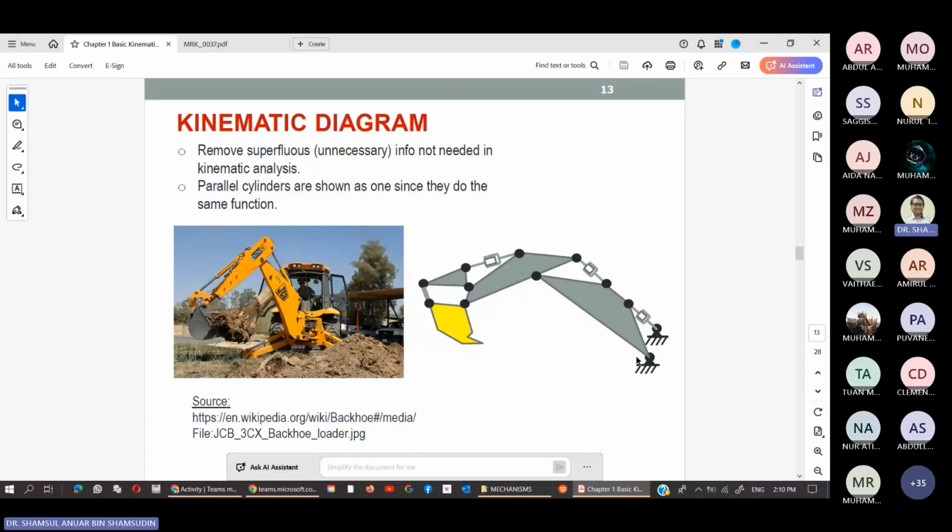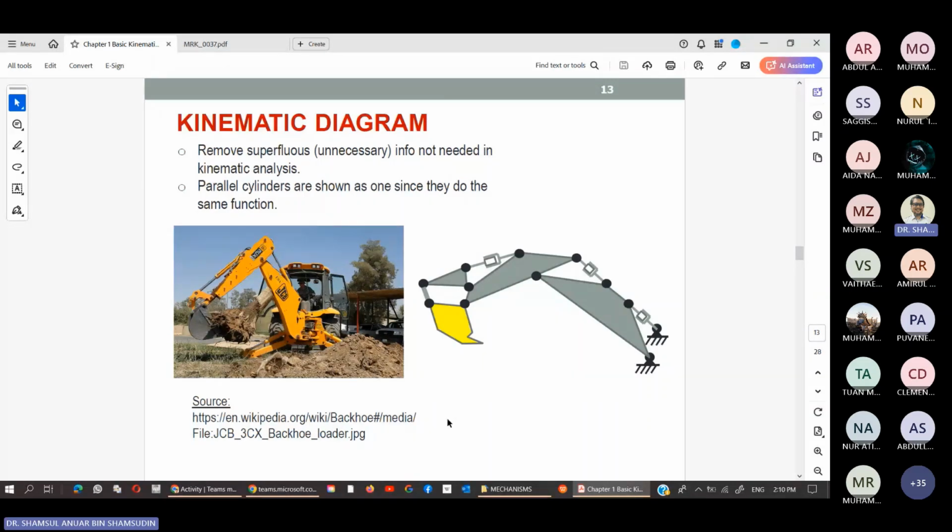Okay, so the easiest way to determine the number of degrees of freedom is by identifying how many actuators there are in the system. So in this case, 1, 2, and 3. All right, so that's the most basic one.